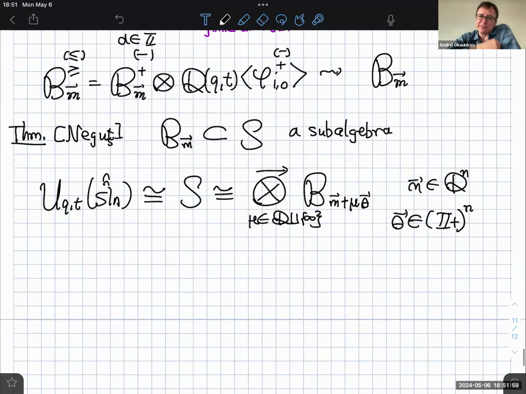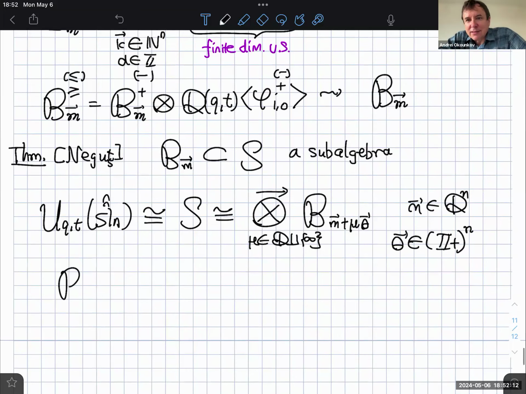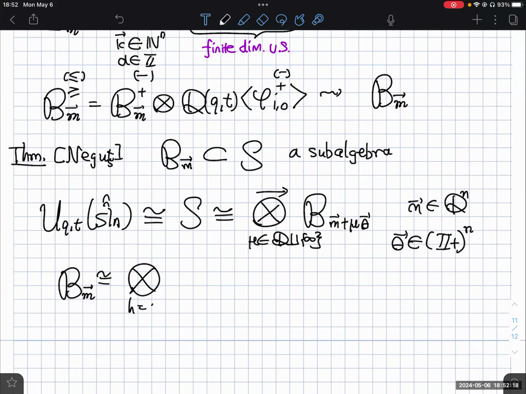Is that really specific to affine type A, or is there some similar factorization? Exactly. In this case, each of these slope subalgebras is isomorphic to the product of the quantum affine type A algebra.